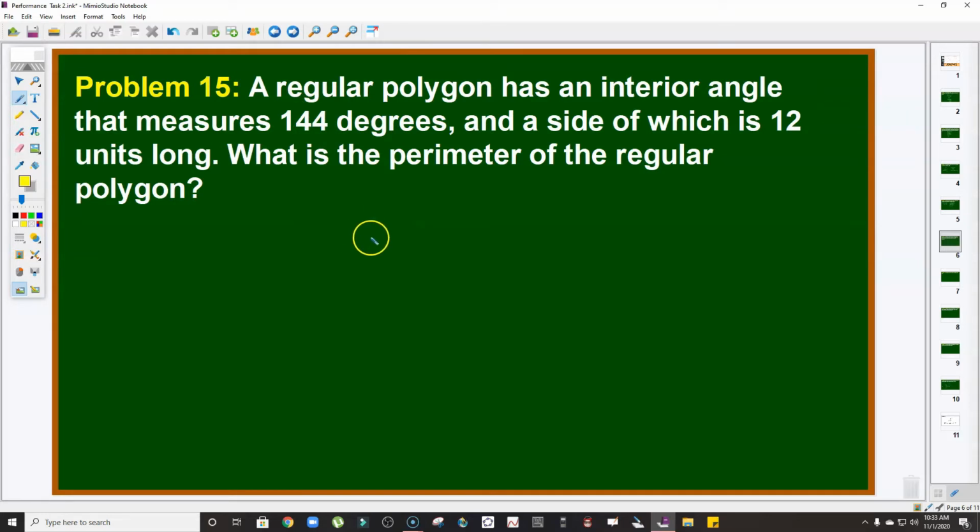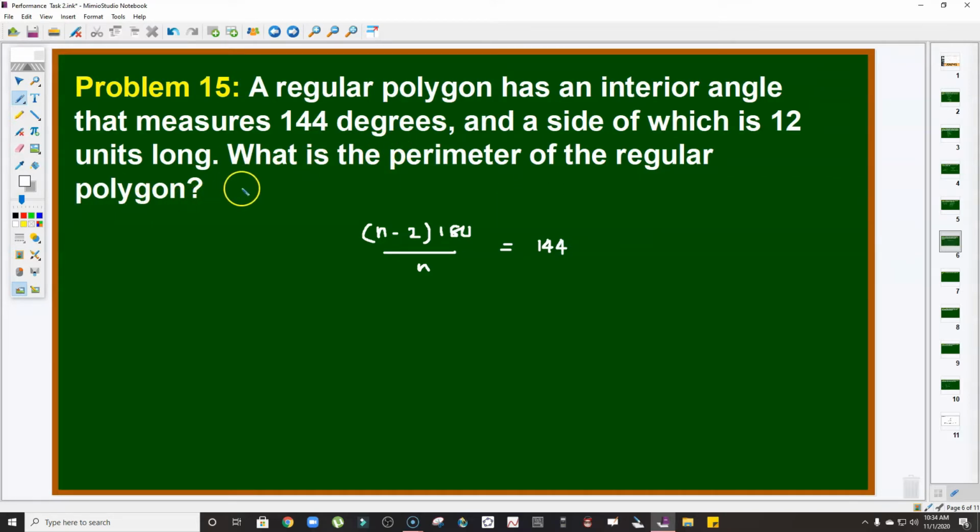The formula for the interior angle is n minus 2 times 180 over n, equal to theta. Since it's already given, we equate it to 144.